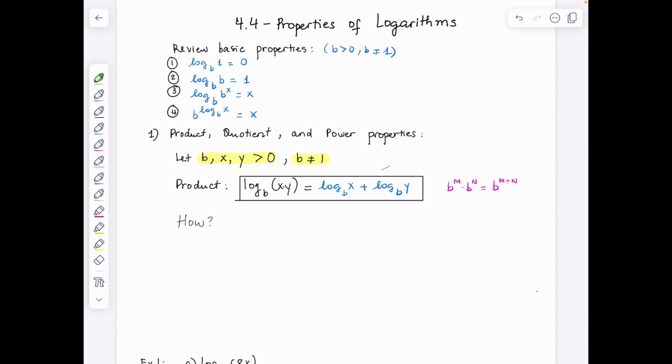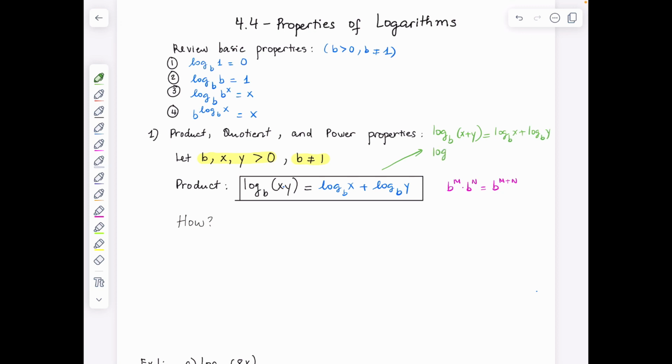So, common mistakes with this formula is sometimes students will mistake that if you have log base b of x plus y, that is equivalent to log base b of x plus log base b of y. But it doesn't work that way.